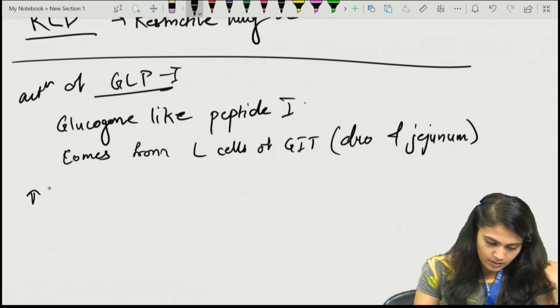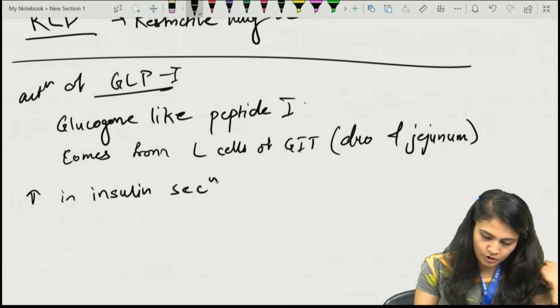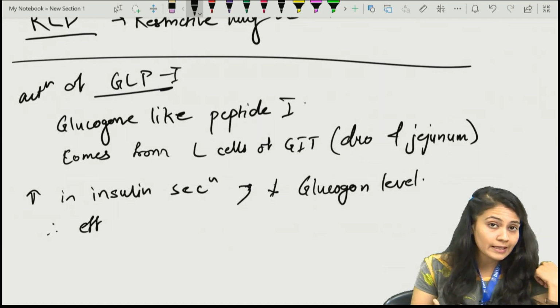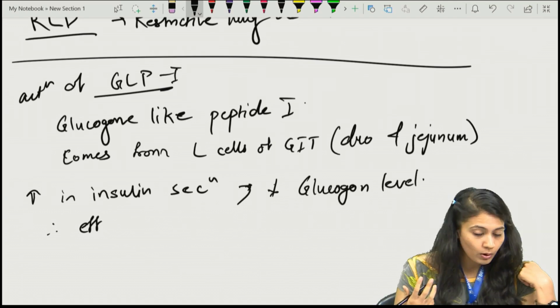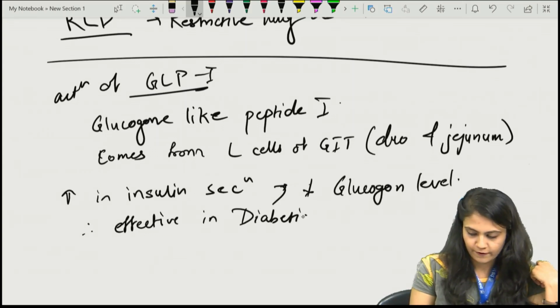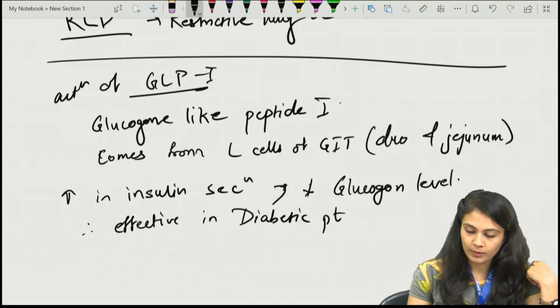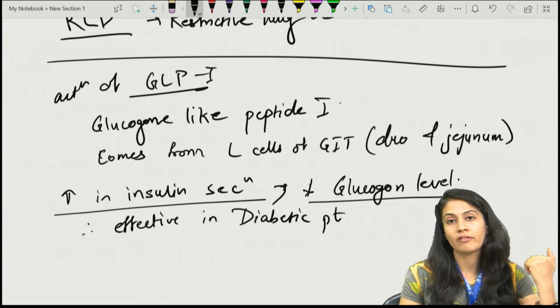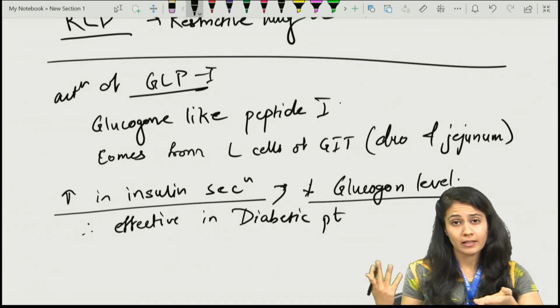What does it cause? It causes an increase in insulin secretion and a decrease in glucagon level. If we look at the clinical relevance of glucagon-like peptide 1, it is very effective in diabetic patients. Why? Because it increases insulin secretion and decreases the glucagon level, which ultimately decreases the glucose level.